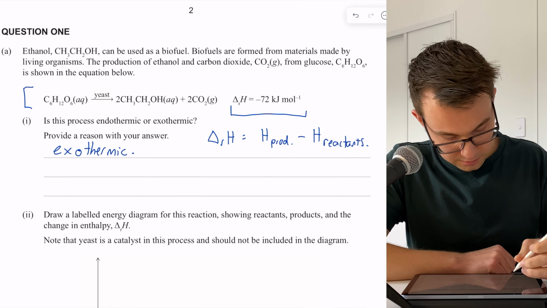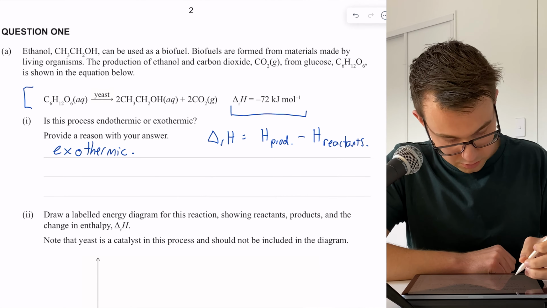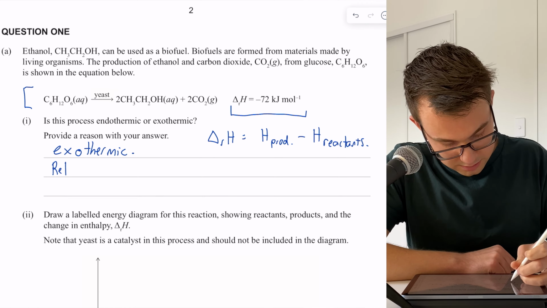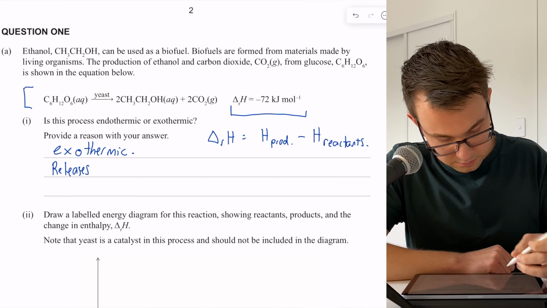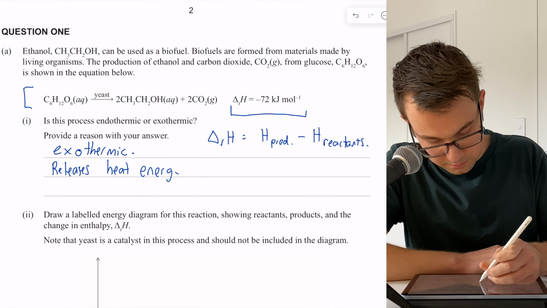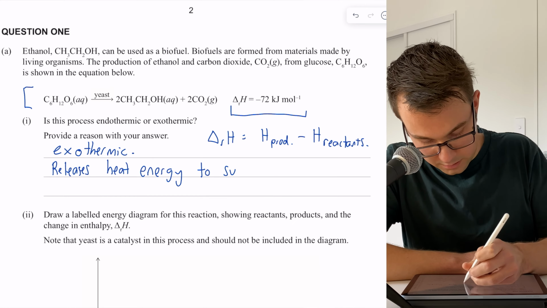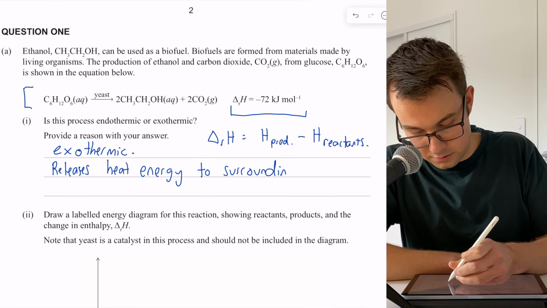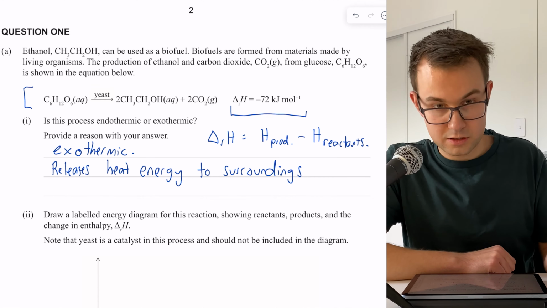So we can write that one down. Exothermic, it releases heat energy to surroundings. And how do we know this?